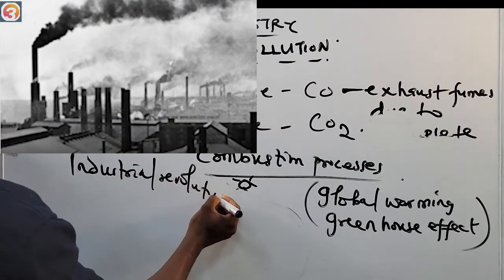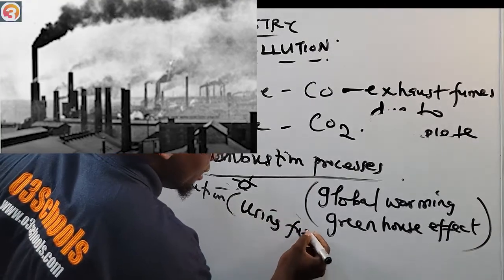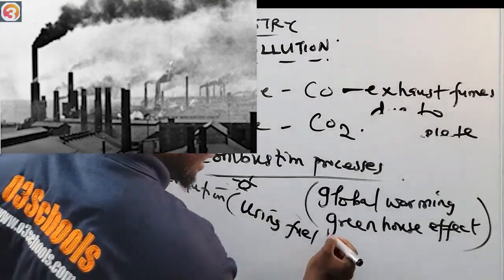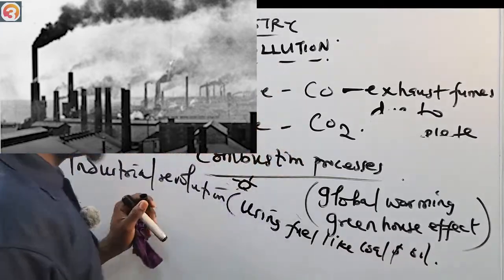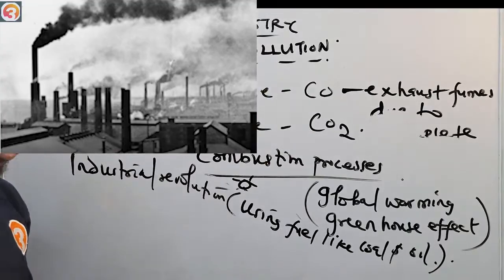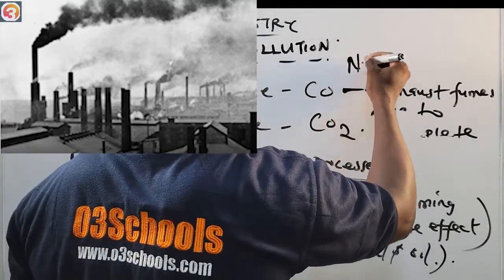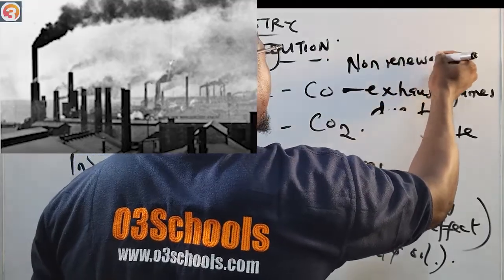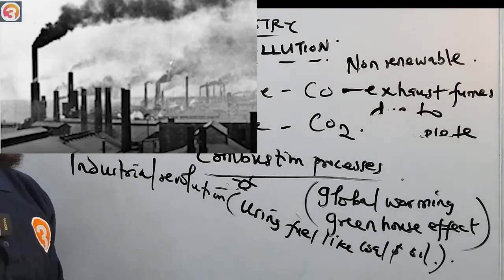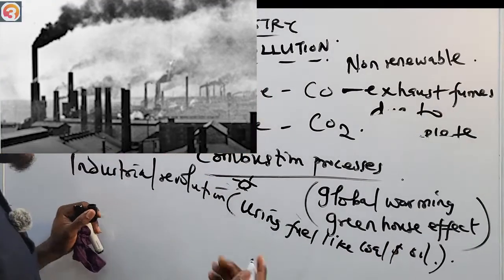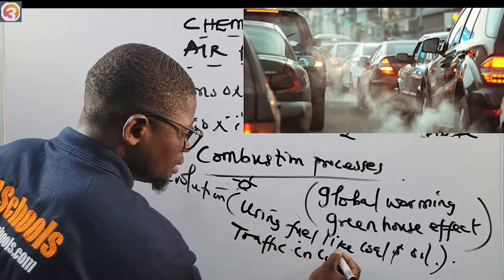For example, our industrial revolution. This one includes using fuel like coal and oil. These are non-renewable energy sources. For example, we also have traffic in cities.